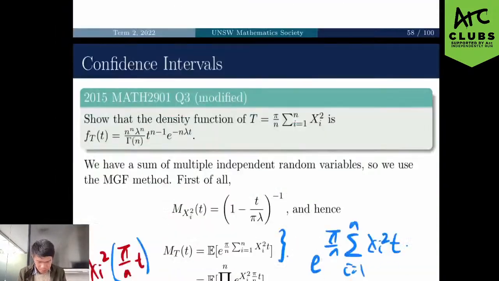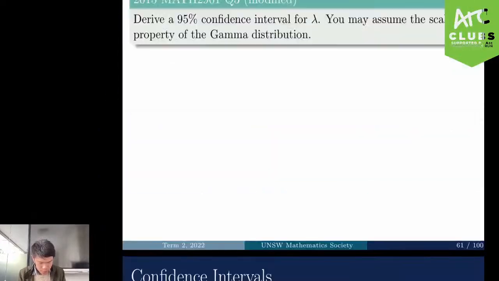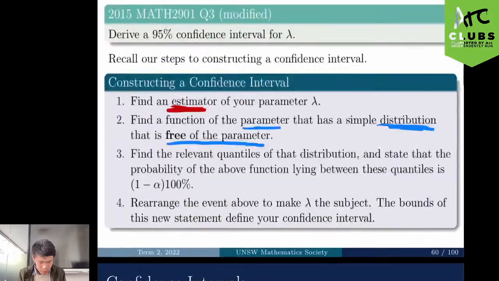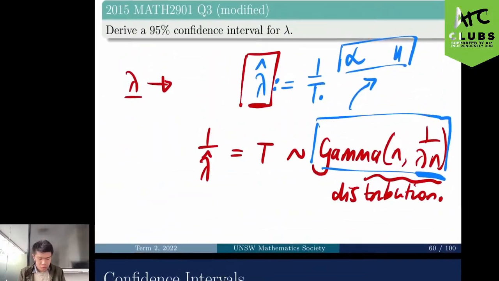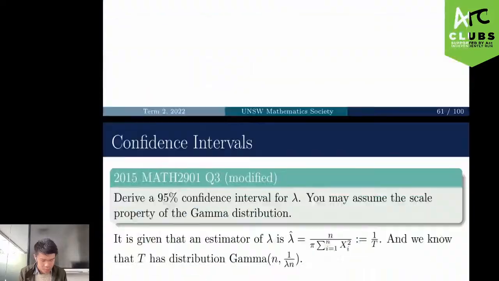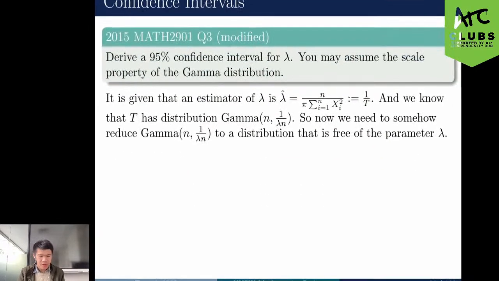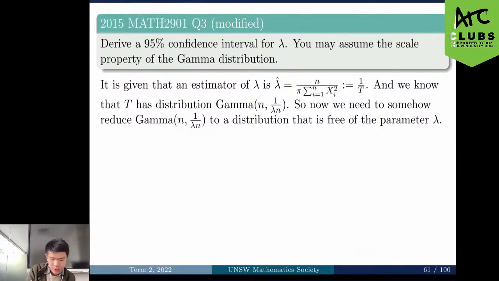So far, T has distribution gamma n, 1 on lambda n. We need to reduce this to a distribution that is free of lambda. We can't go around with a distribution that has lambda in it, because we don't know what lambda is.